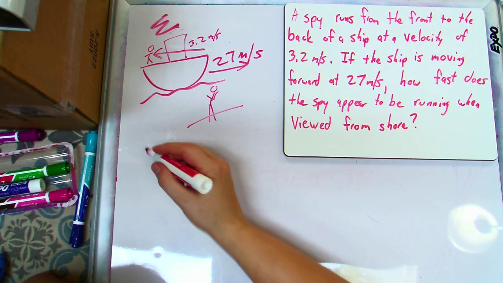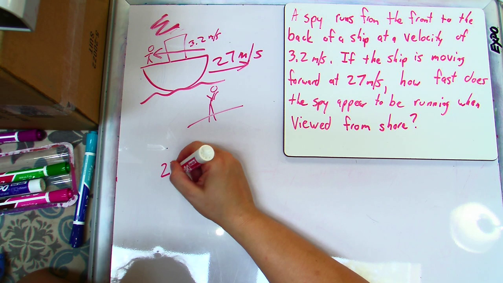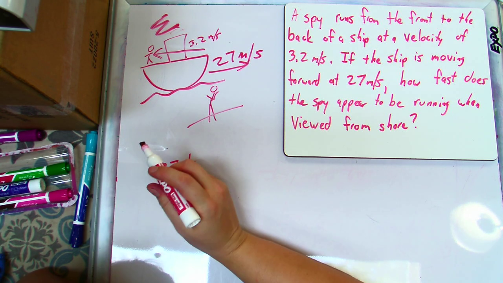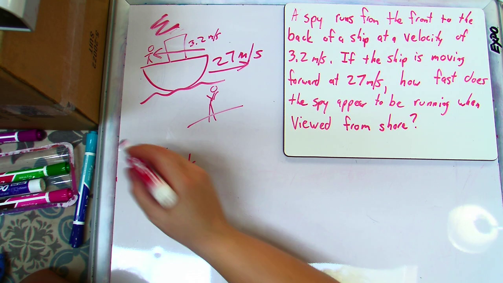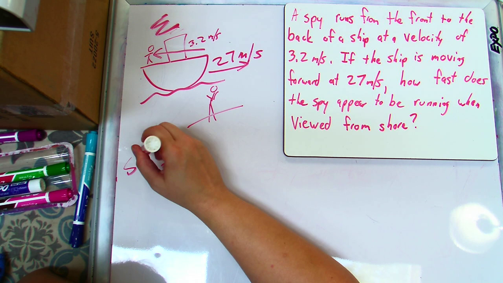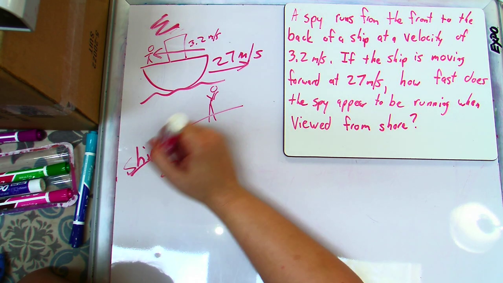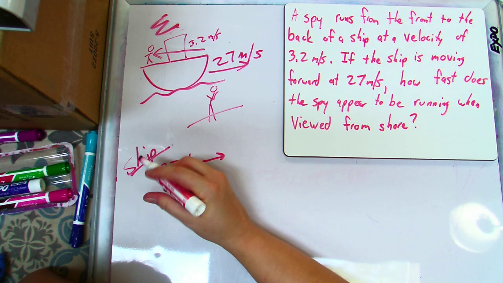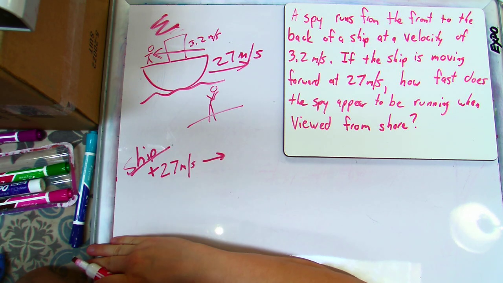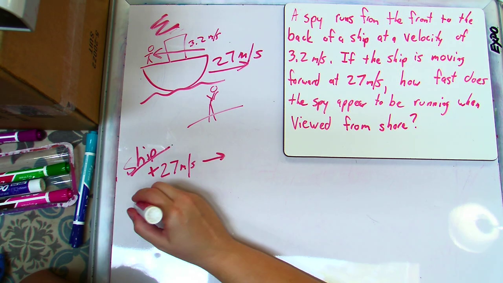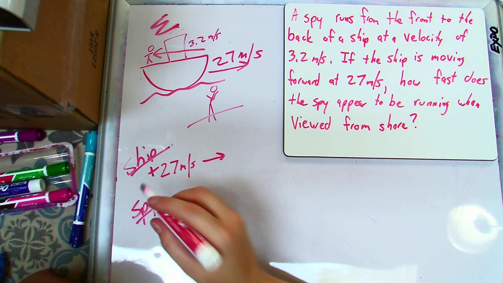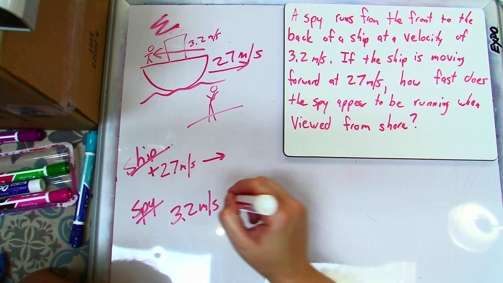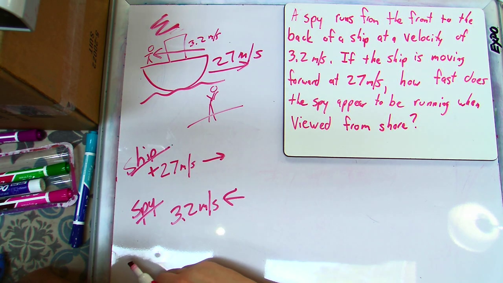Well, we know that the ship is moving forward with a velocity of 27 meters per second. And since it's heading forward, we can give that a positive value. The spy has a velocity of 3.2 meters per second, but he's running backwards.